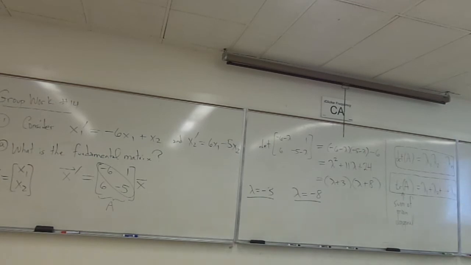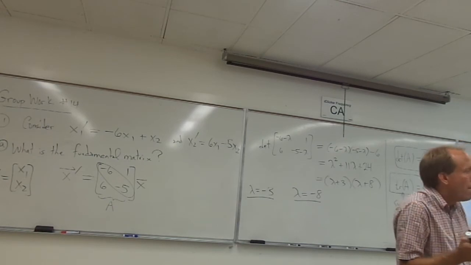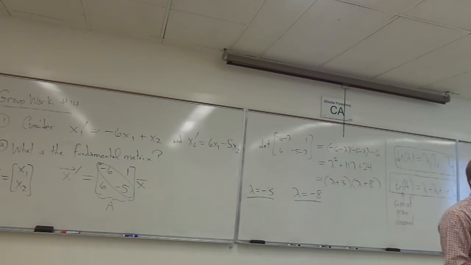The trouble with this is if your matrix is big, then you'll have lots of lambdas. You only have two equations here and lots of unknown lambdas, so these two equations alone usually won't be enough to figure out the lambdas for you. But they are a nice way to check your answers.